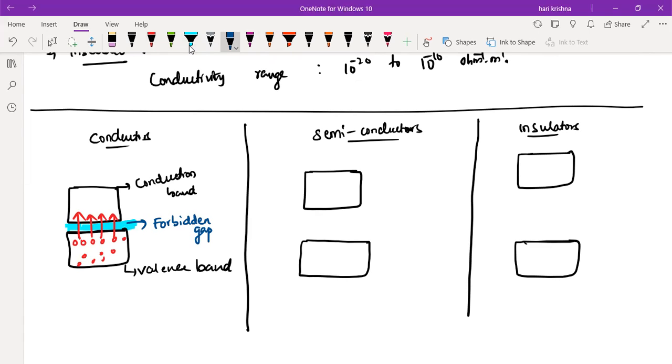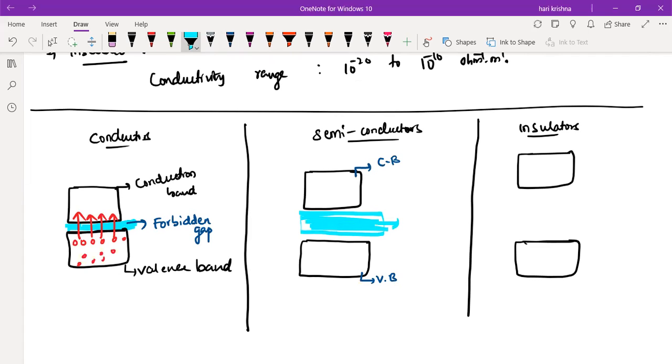In the case of semiconductors, the bottom one is the valency band and the above one is the conduction band. But the forbidden gap is somewhat high when you compare it to the conductors.